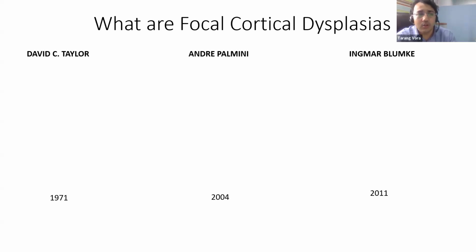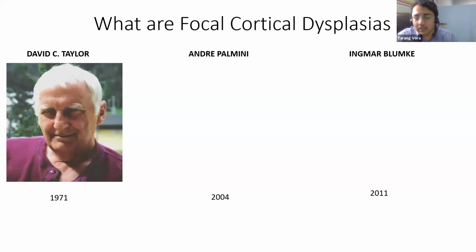So what is a focal cortical dysplasia? The definition of it has been changing over time, but it was Mr. Taylor in 1971 from the UK who gave us the definition. He was working at a neuropsychiatric institute. Of course, most of the seizure patients back then were in a psychiatric hospital, as neurology was still growing.